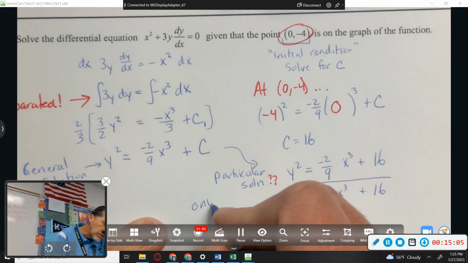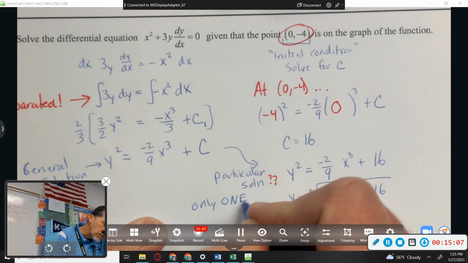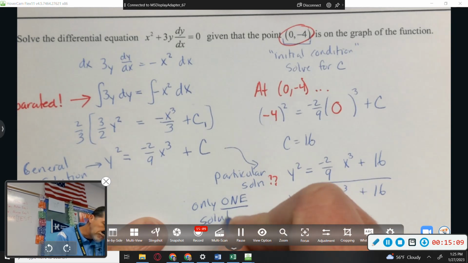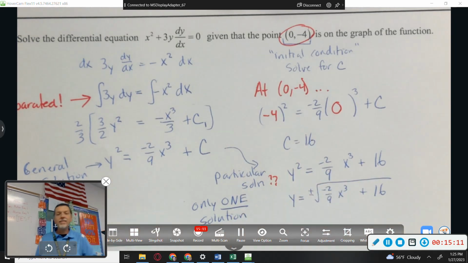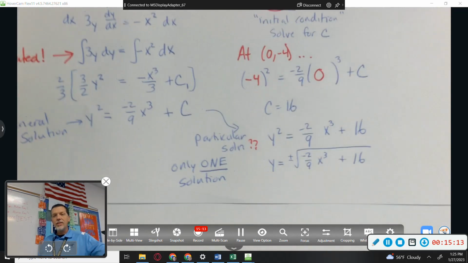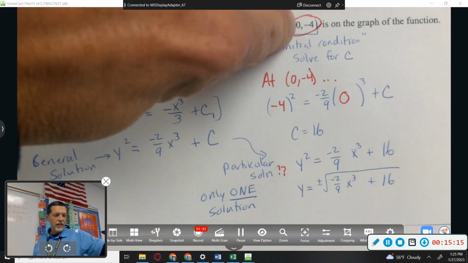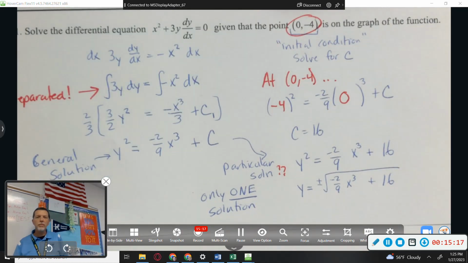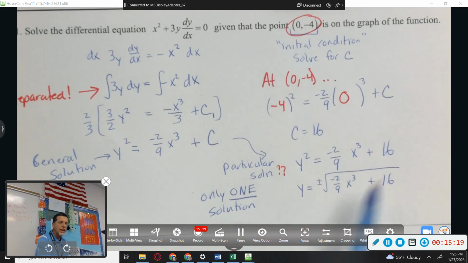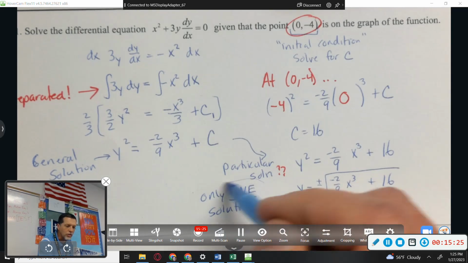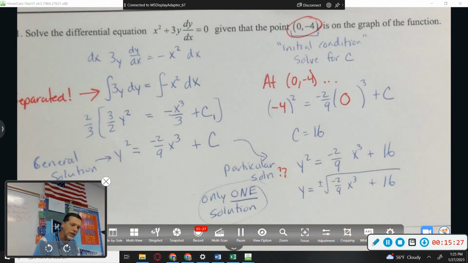Because there's only one particular solution. Plug in x and see which one gives you -4. That's exactly what we'll do. We'll go back to our initial condition, 0, -4, and see which one works. It's not hard to figure this one out, but I only want one solution, so I've got to figure out if I want the negative or the positive.